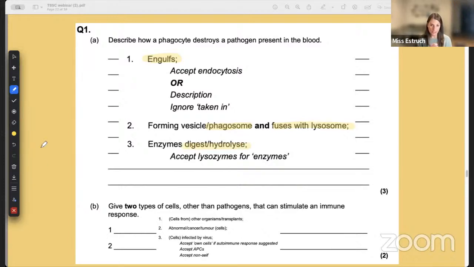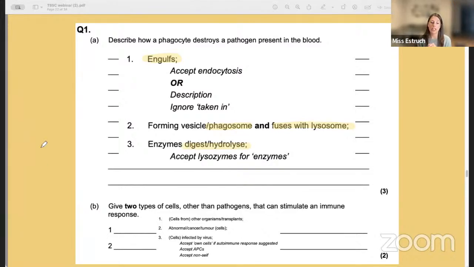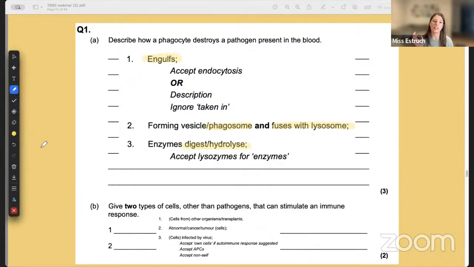So what I would then take from doing this exam question is I'd look back at the flashcards and check, do I have a flashcard where it talks about phagocytosis and it's got these key marking points? Or in my notes that I've made, have I definitely highlighted the word engulf, phagosome, lysosome, digest, because that is what's come up on the mark scheme.